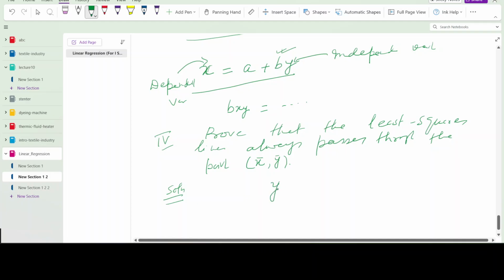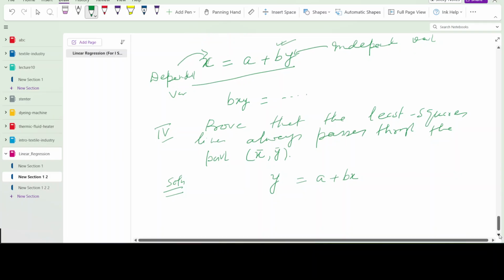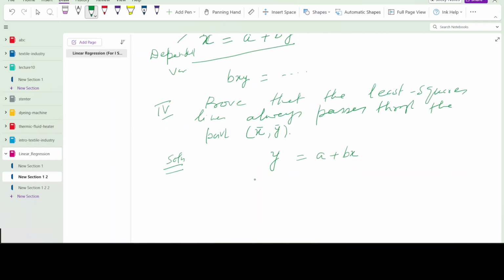We are aware that y is equal to a plus bx. This is the best fit line, the equation of the best fit line. Take sigma on both sides.